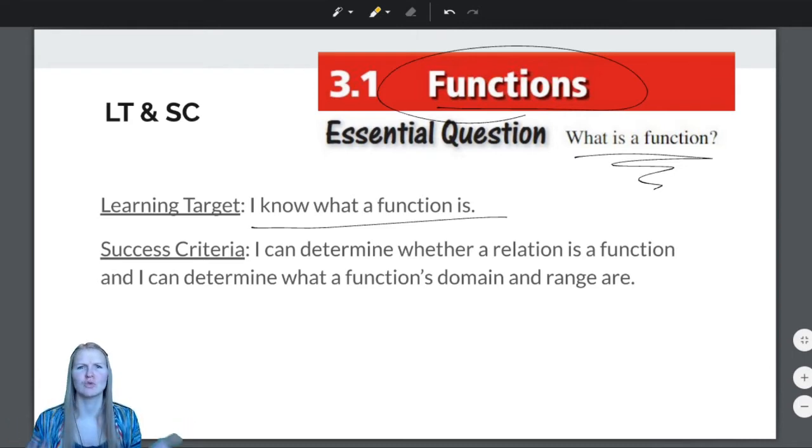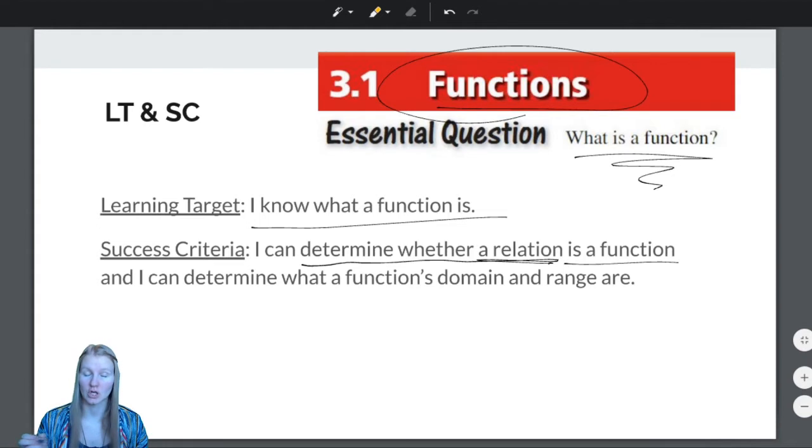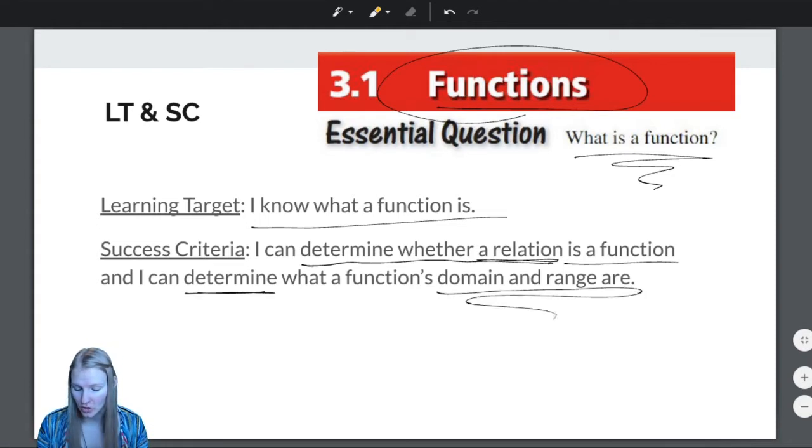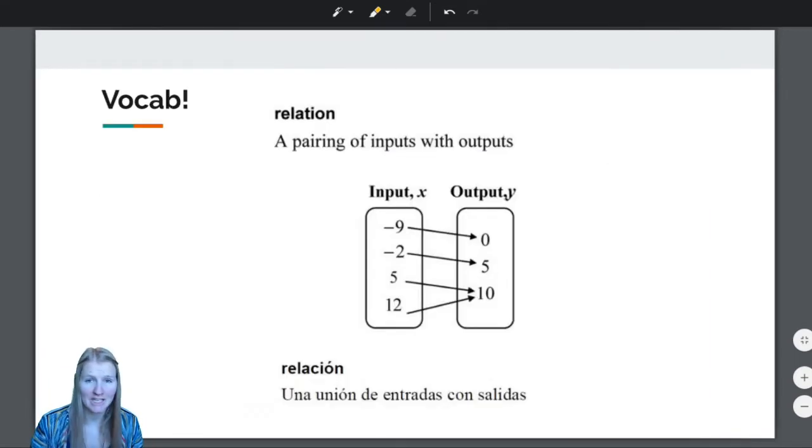And how will you know if you know what a function is? Well, you'll be able to determine whether a relation is a function, and you'll be able to determine a function's domain and range.